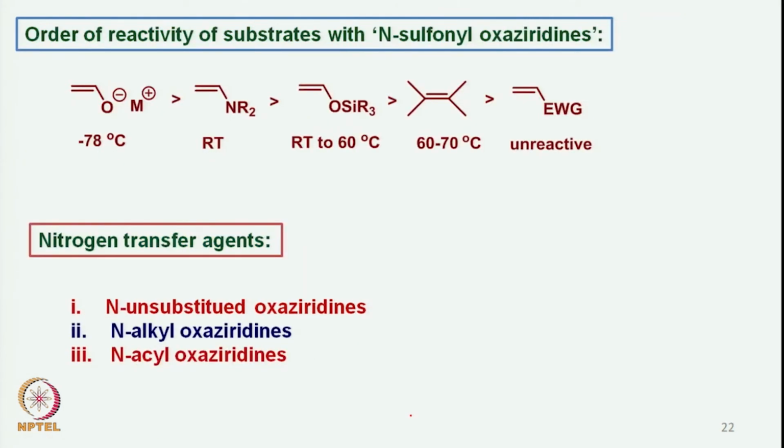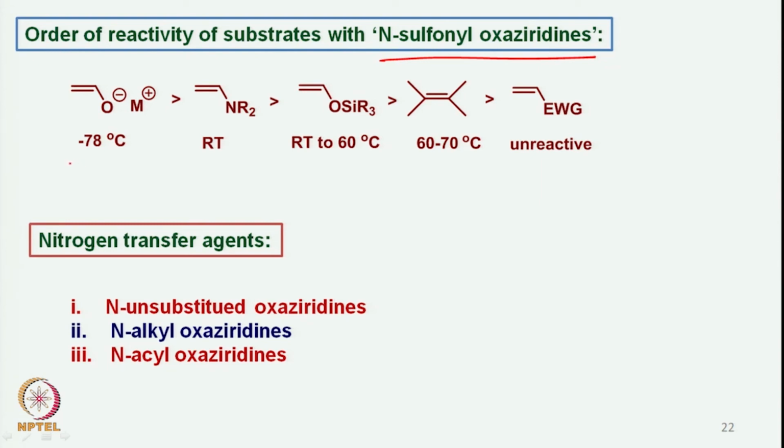Now, the order of reactivity of olefins or olefin type substrates is as follows with respect to the N-sulfonyl oxaziridines. Normally N-sulfonyl oxaziridines are more often used, they are stable and easy to prepare, and therefore the reactivity has been very much studied with N-sulfonyl oxaziridines.